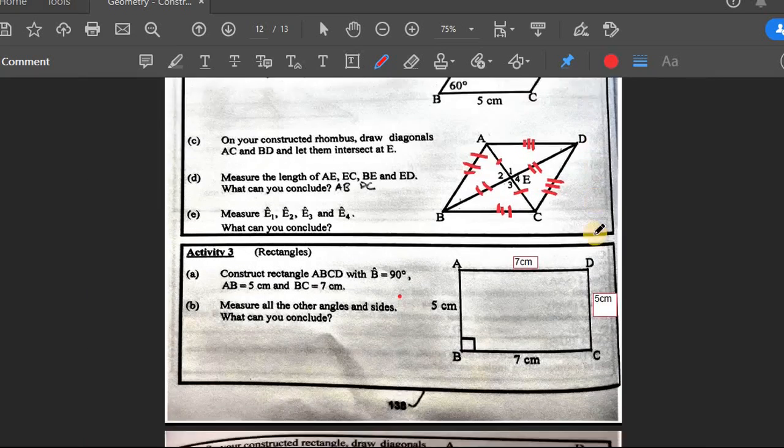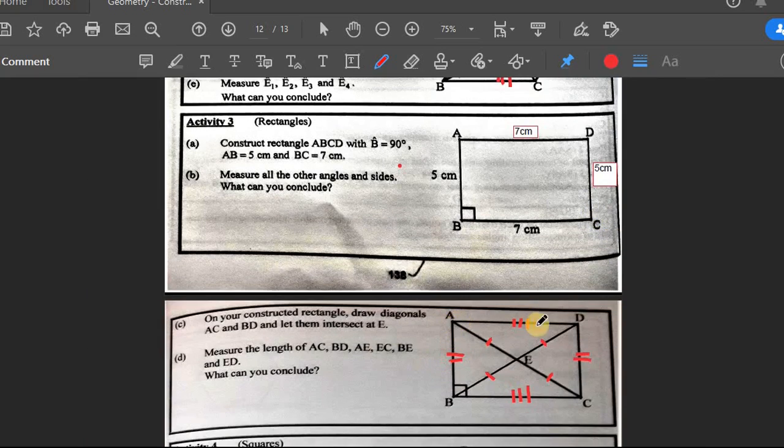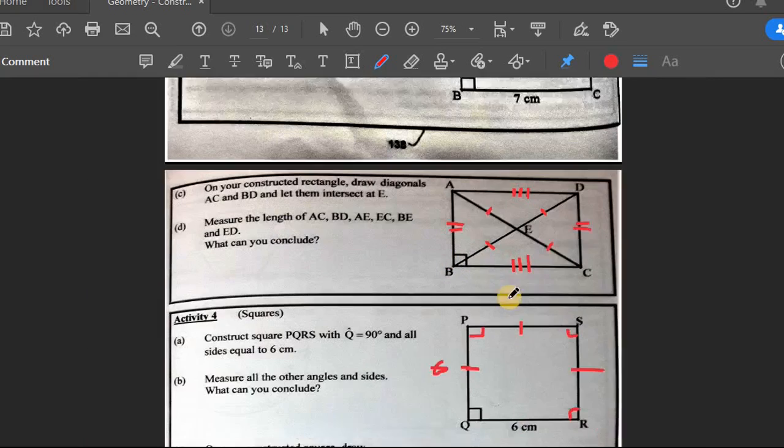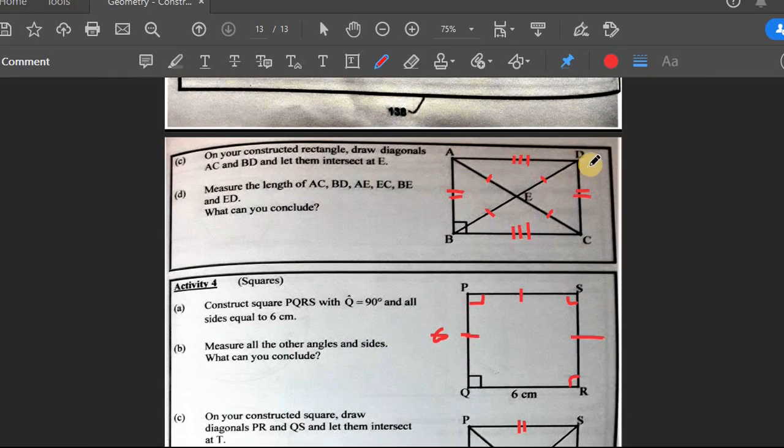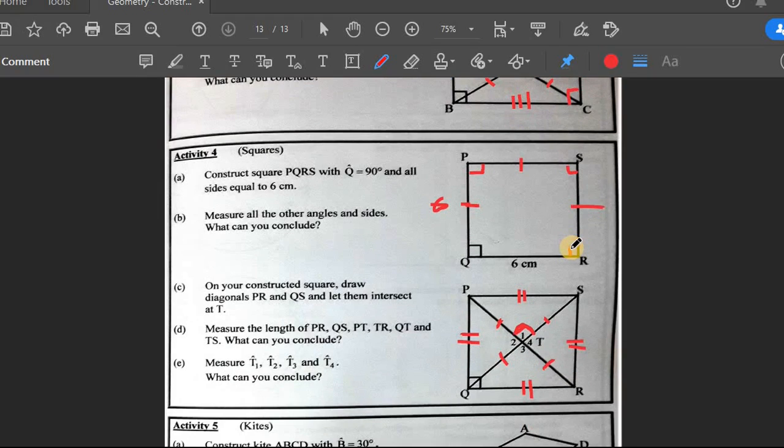This is how I remember it, right? If we have a square or rectangle, it has right angles all over the show, on all corners there. All of your diagonals are equal, right? And here with the square, same story.